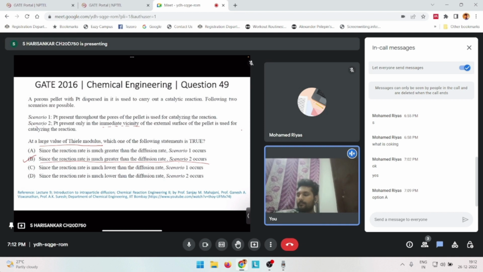I hope this explanation was understandable: because whatever is getting adsorbed inside the pore reacts immediately, from an outside point of view there will be only platinum present in the immediate vicinity or the external surface of the pellet. So that is why option A is not the right answer. Instead, option B is the right answer.